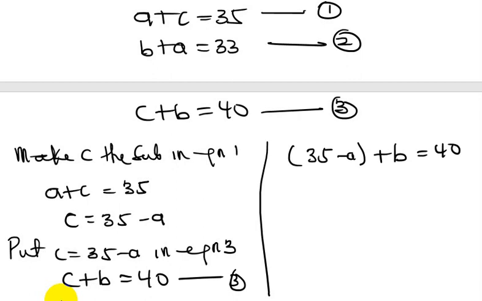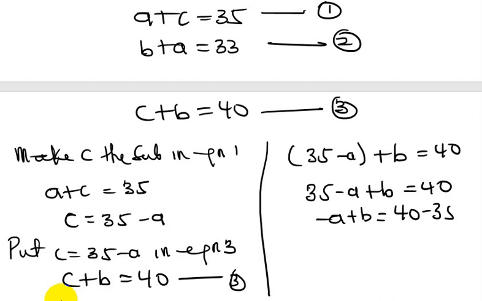Then I'll break it down to get 35 minus A plus B equal to 40. Then I'll continue to get minus A plus B being equal to 40 minus 35. Then minus A plus B will be equal to 5. Okay, it will be equal to 5.